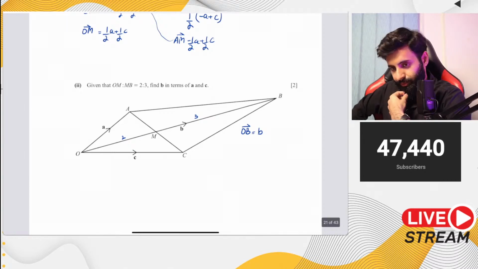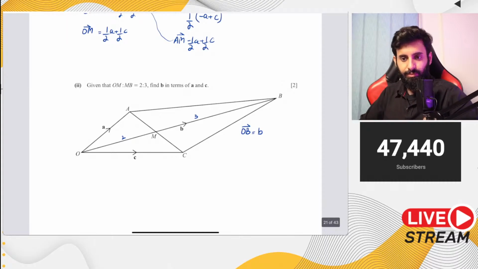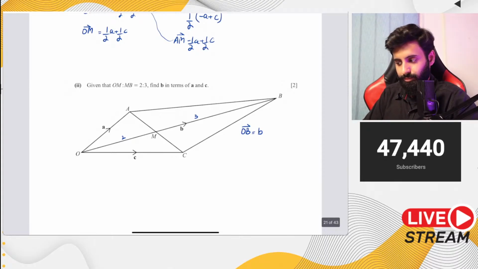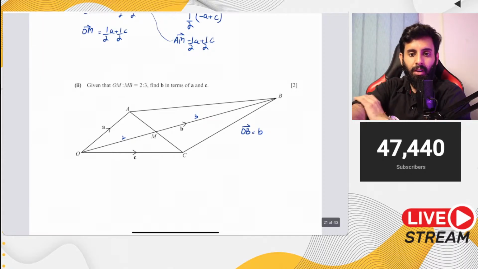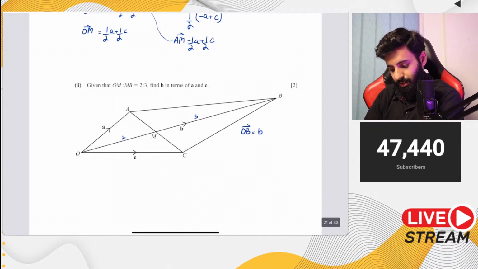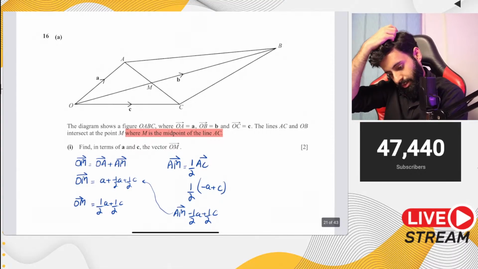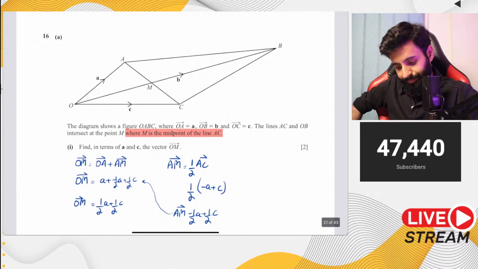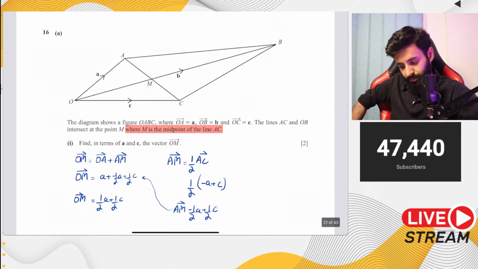What else can we do to find B in terms of A and C? Just make sure you read the entire question. The only thing important in the question is that the lines intersect and M is the midpoint.